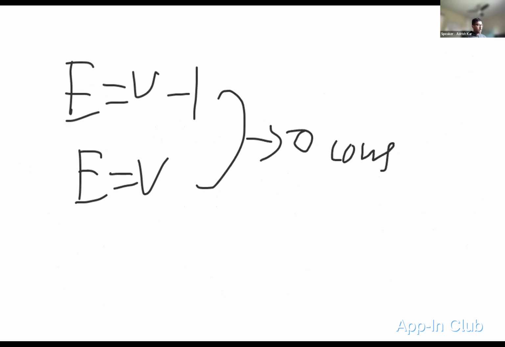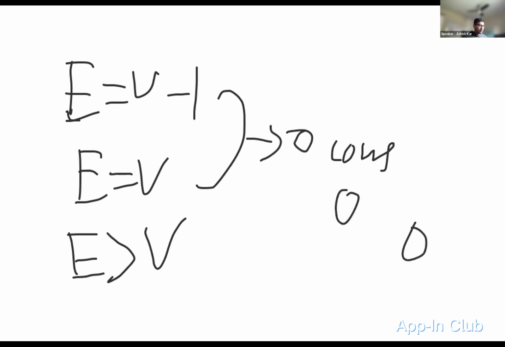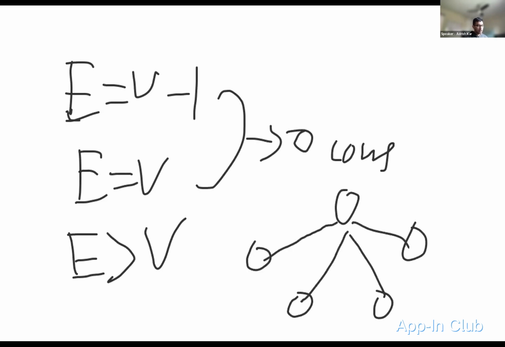But the case that's left to be considered is E greater than V. So if we have E edges and E is greater than V, the number of vertices, we actually have multiple cycles. I'll just add arrows like this.